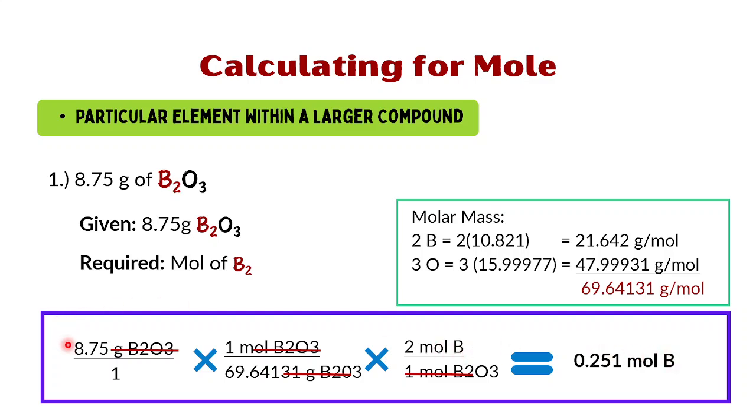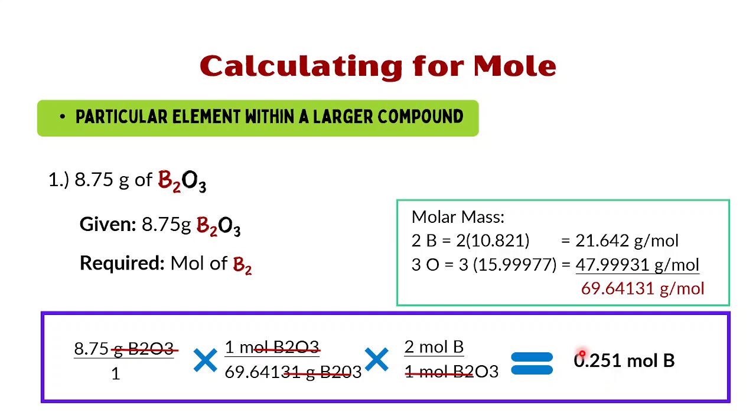So if you plug it in your calculator, 8.75 times 1 times 2 divided by 69.64131, you will get an answer of 0.251. This is the rounded-off value, and I use 3 significant figures because, based on the given, the value has only 3 significant figures, which must be reflected in my final answer.